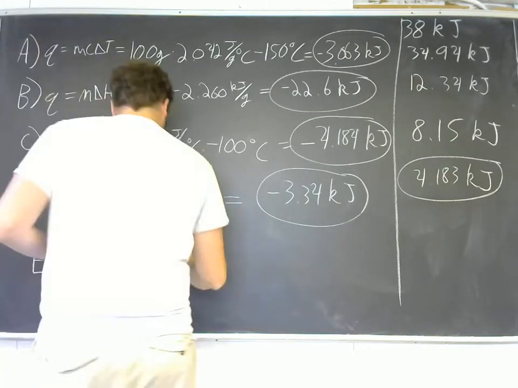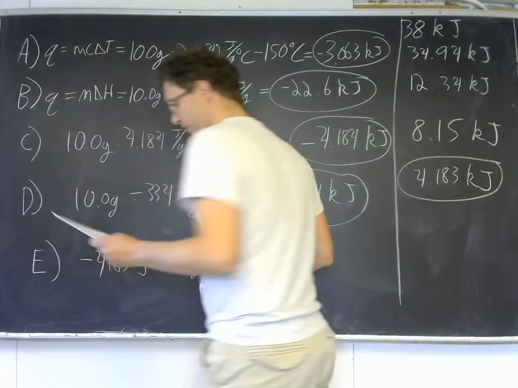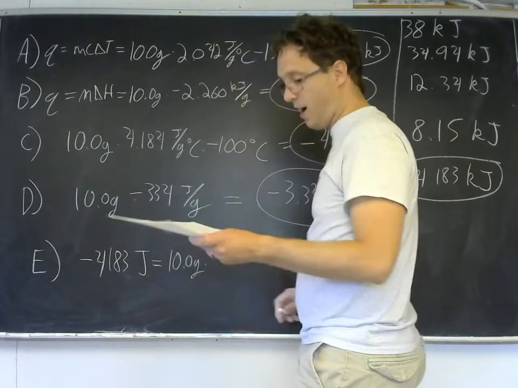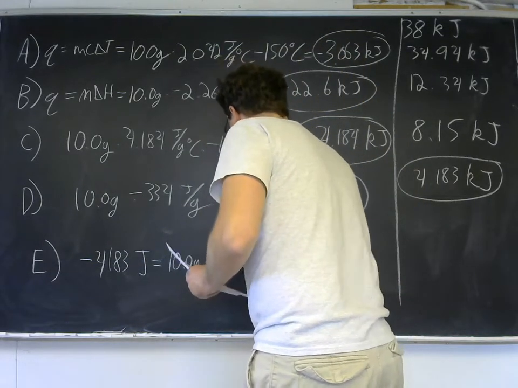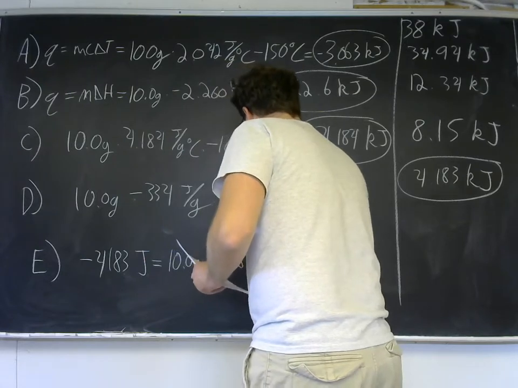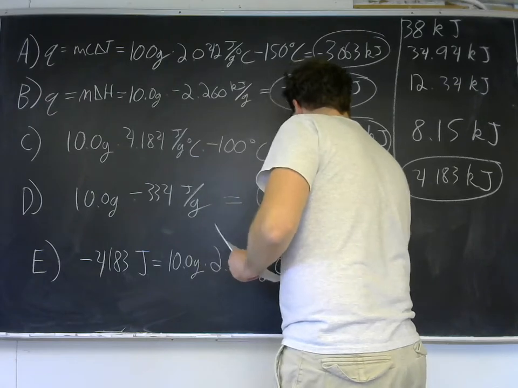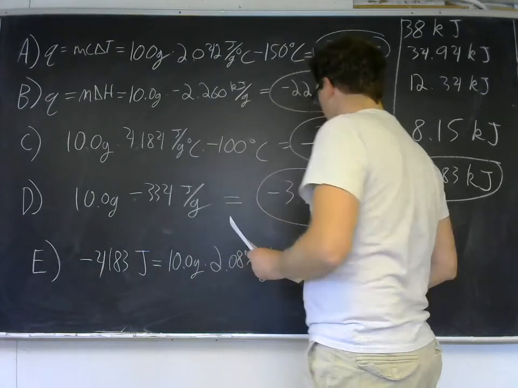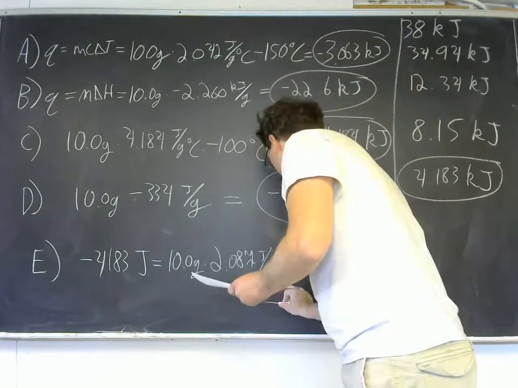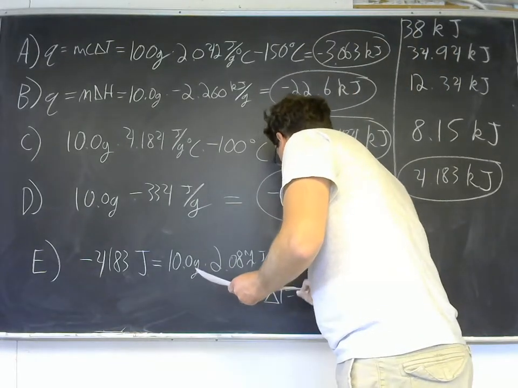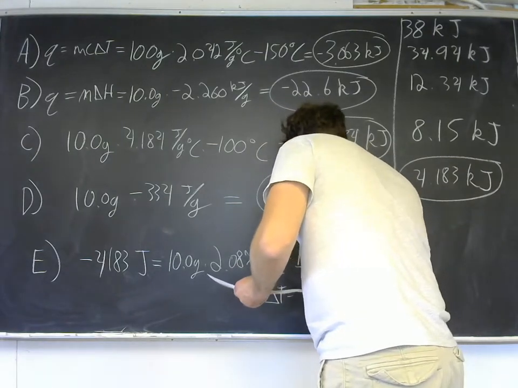And that's going to equal 10.0 grams times the specific heat of ice, which is 2.087 joules per gram degrees Celsius, times delta T. Delta T is our unknown, and when we solve this, we get delta T equal to negative 200 degrees Celsius.